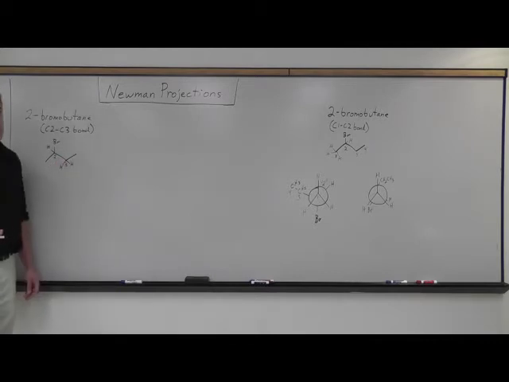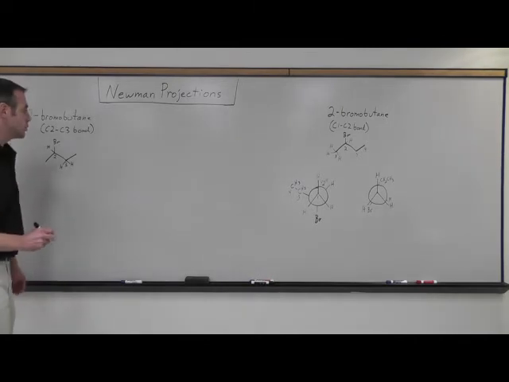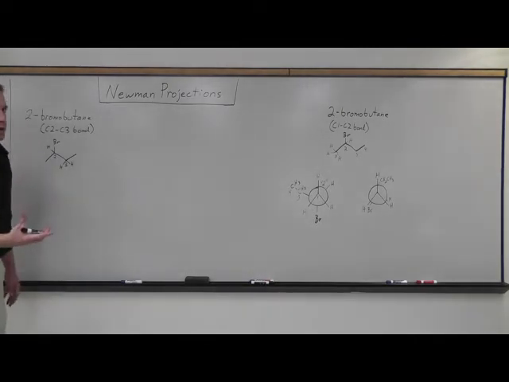I've drawn in the hydrogens on my carbons 2 and 3 to help me out when I go to draw the Newman projections. You can always start with the same scaffold.